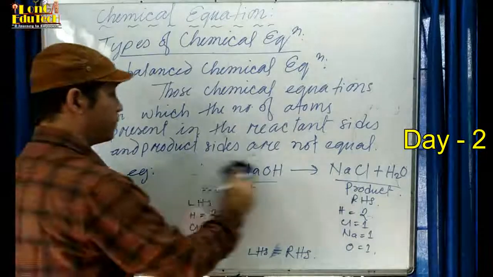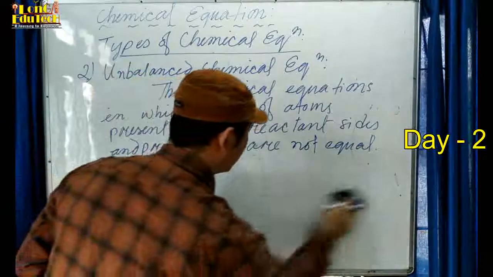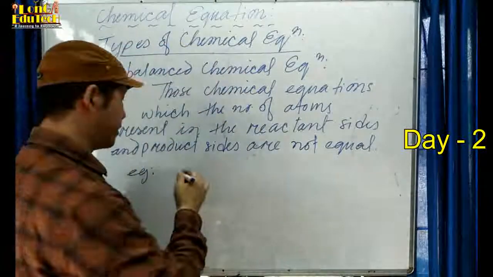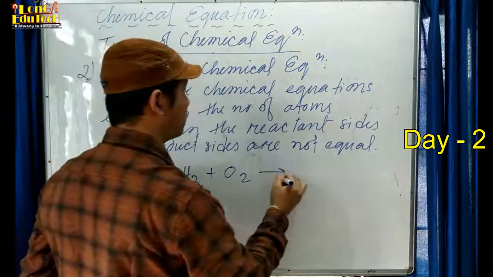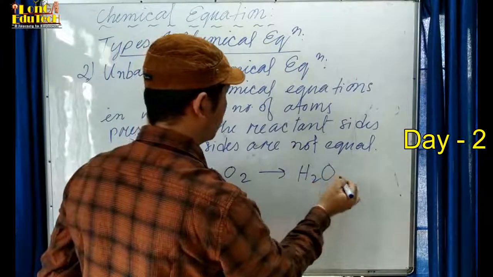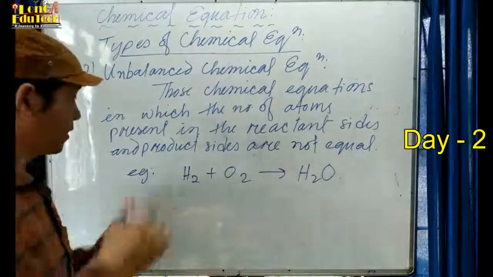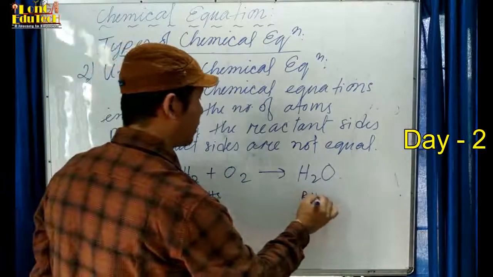The example will be different here. Previously we have taken the equation: hydrogen reacts with oxygen to form H2O, water, right? So this is an unbalanced chemical equation. How? Let's see. This is the left hand side and this is the right hand side.